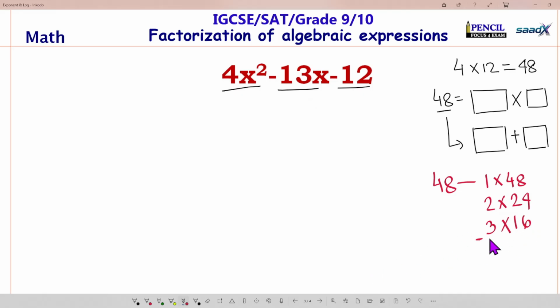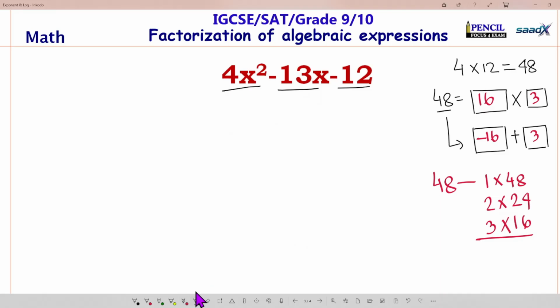This is the interesting thing. 16 minus 3 is 13. So we have to simplify by these two numbers. So look, 16 times 3 is 48, and then minus 16 plus 3 will be minus 13.